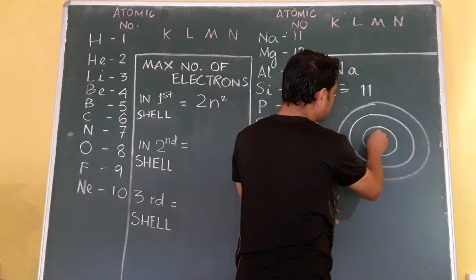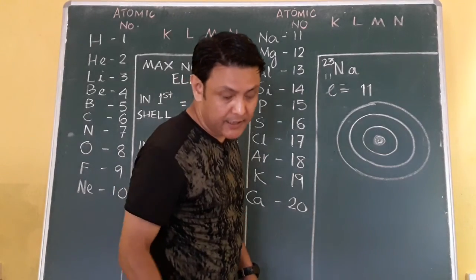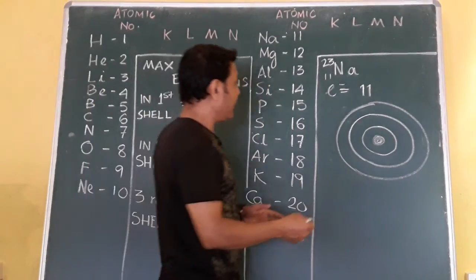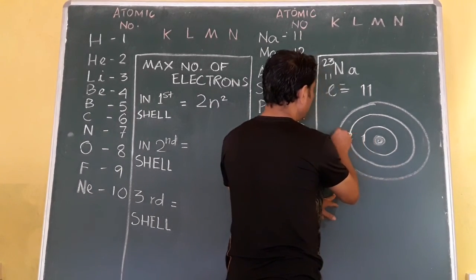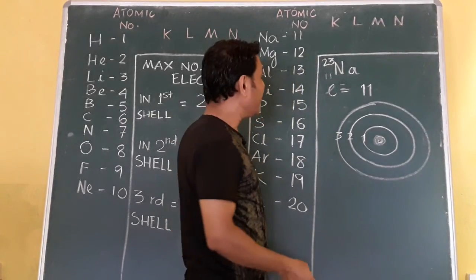So this is the nucleus. In the center we have the nucleus. Okay, now how do we go about it? How do we find out the number of electrons in each shell? Shells are numbered 1, 2, 3, 4 and so on. In the ICSE syllabus we are interested only in 3 orbits.